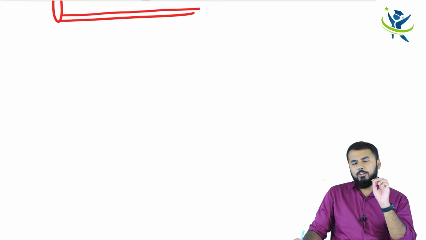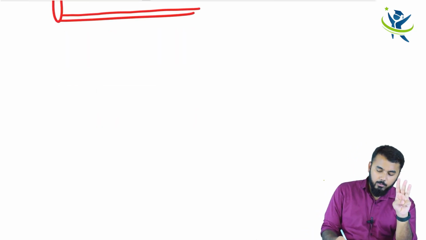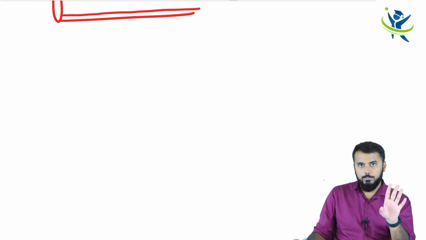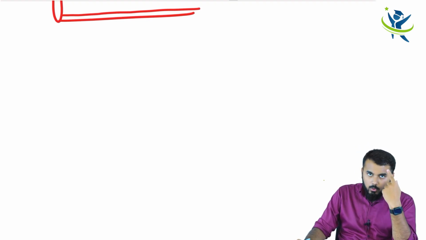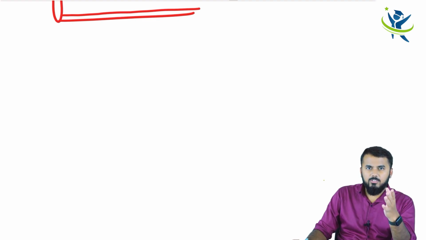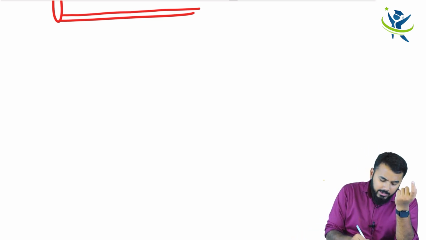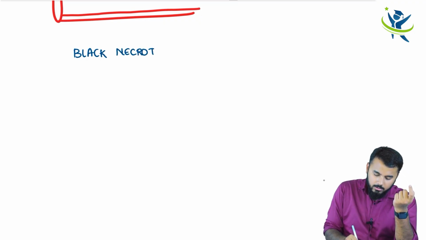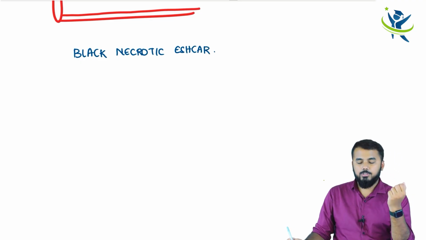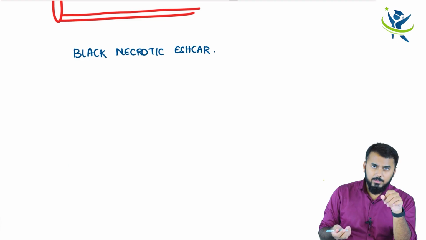So when you look at the patient, you will find three important things. What did I tell you? It will go to the orbit and damage the orbit, isn't it? So when it damages the orbit, when you look at the face of the patient, you would find a black necrotic eschar on the face. Not only that, the patient will also have frontal abscess, I told you, right?